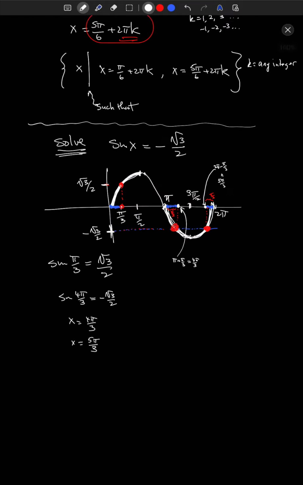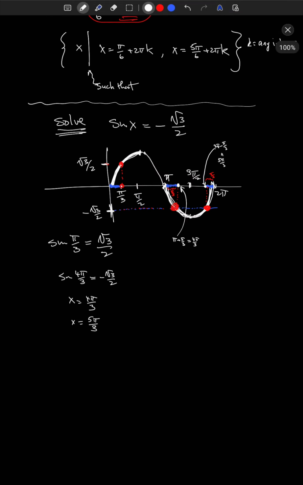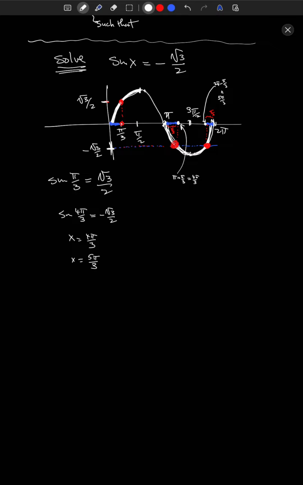So this kind of reasoning tells me that I can get all the other solutions by replicating these two guys, plus 2 pi k. If I continue this picture here, 4 pi over 3 plus 2 pi would be this one.